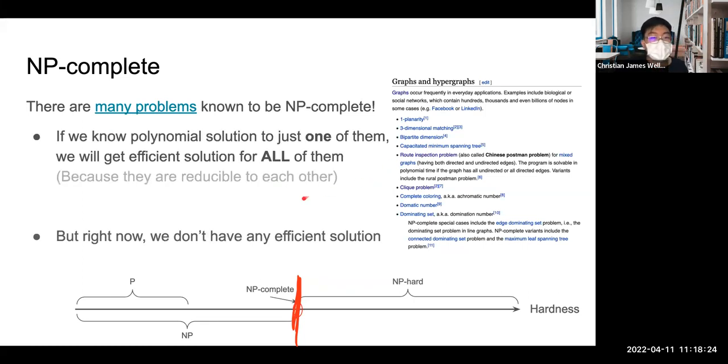The interesting thing is that if we know a polynomial solution to just one of them, it doesn't matter which one, suddenly for every single one of them we have an efficient solution, because NP-complete problems are reducible to each other, or at least there's a chain of reductions that we can do. But right now, we don't really have an efficient solution. We don't know whether it exists or not. So this is NP-complete.